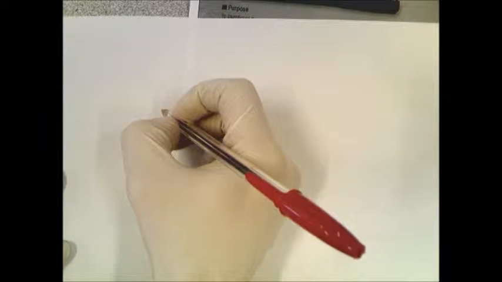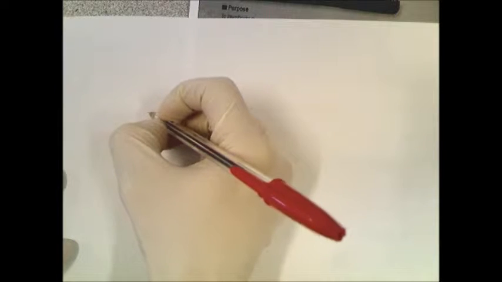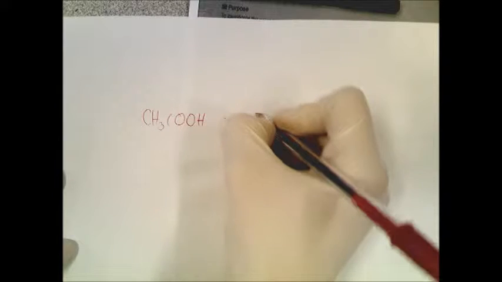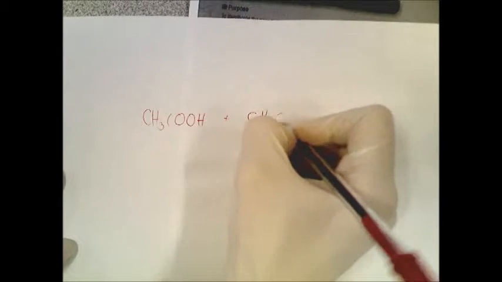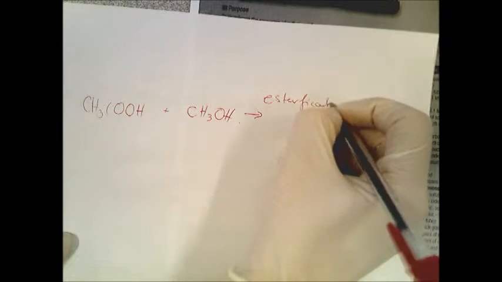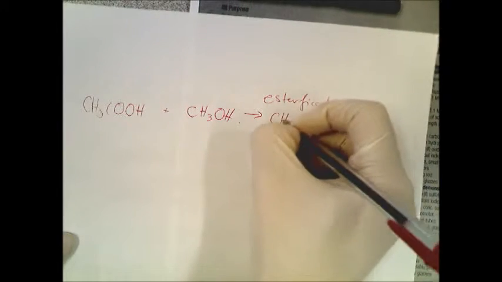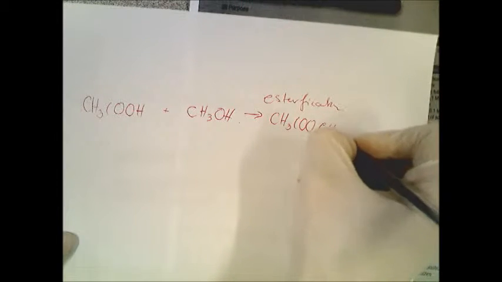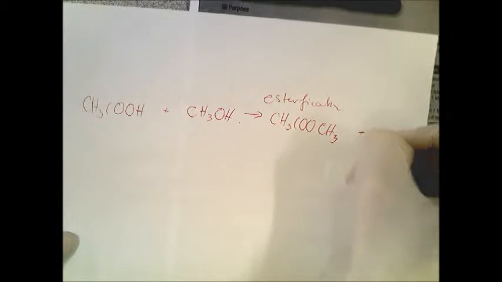Something else which you guys are very familiar with is if we have, for example, ethanoic acid, and we add that to methanol, what type of reaction am I getting at? That's right, esterification. So in esterification reactions, basically what would be produced here?